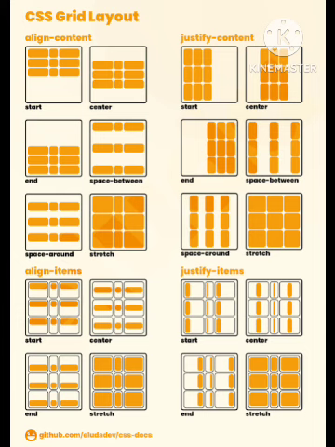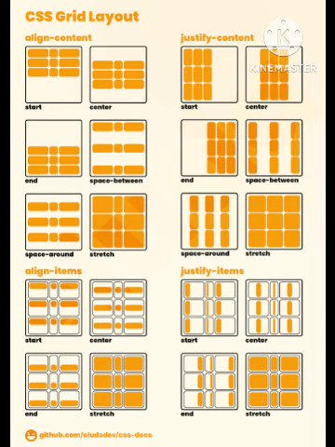You can also define 1FR 2FR 3FR. What will happen, for example, if the container width is 600 pixel and you have defined grid template columns 1FR 2FR 3FR, is that A will take 100 pixel, B will take 200 pixel, C will take 300 pixel. I told you for equal width, grid template columns 1FR 1FR 1FR.